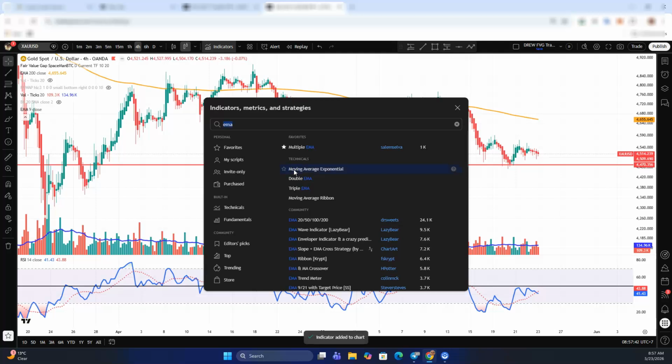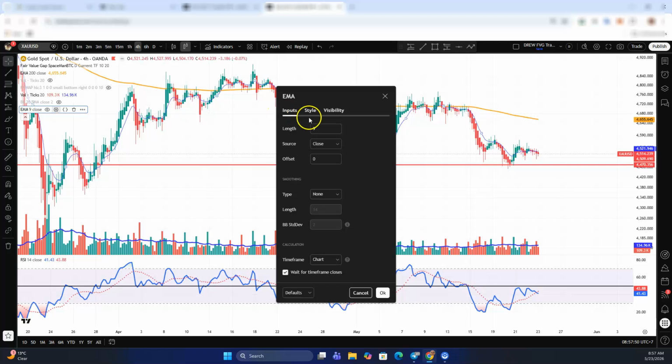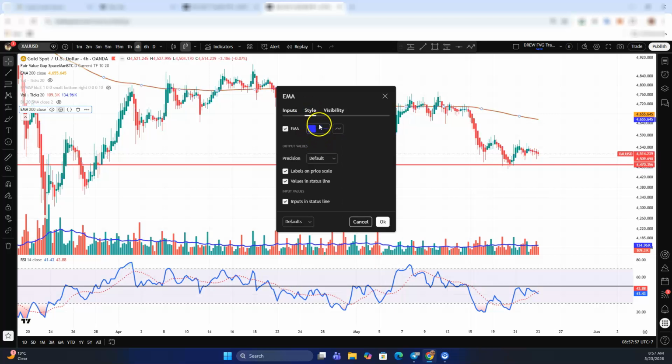You click on that. It always goes to the default of 9. Click on this, and you want to put 200 EMA.